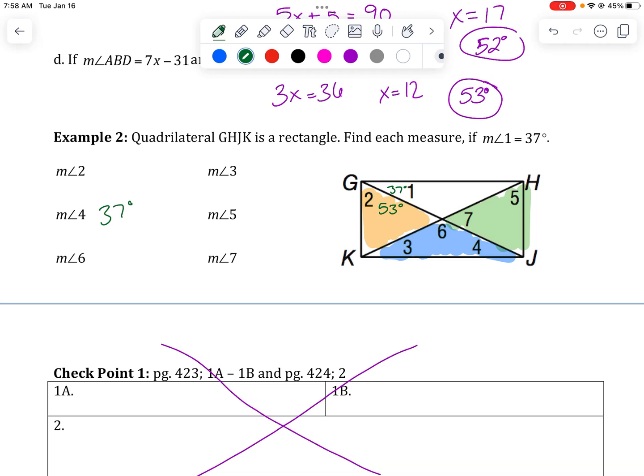All right, so 4 is 37, 1 was 37, 2 is 53, and then this is going to be 37, 5 is going to have to be 53.